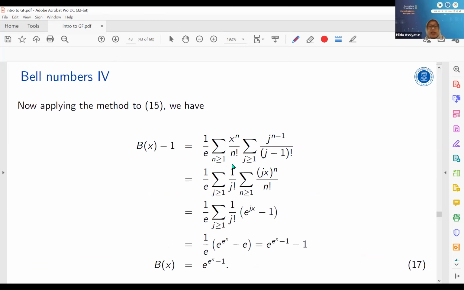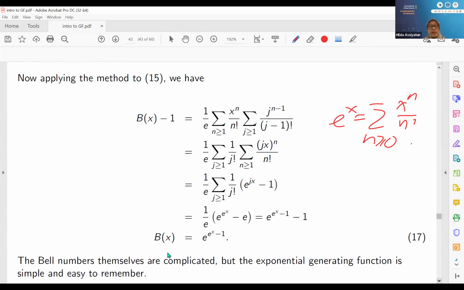Again, here we need to tidy it up a little bit, and then remember our old friend, the exponential function, e to the x, which we know is the sum of x to the n over n factorial. Remembering this basic fact, we end up with this.